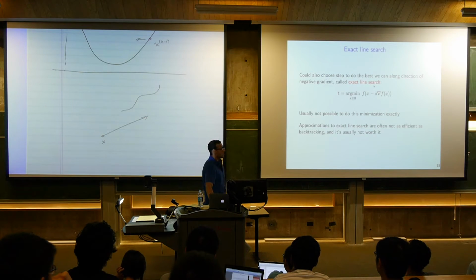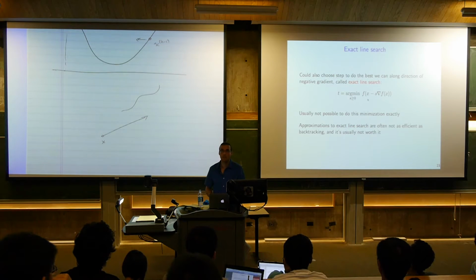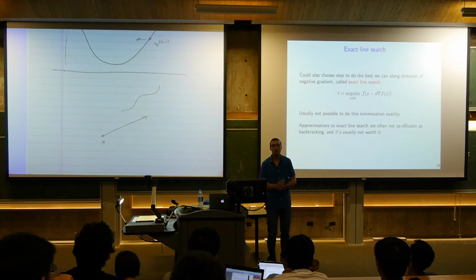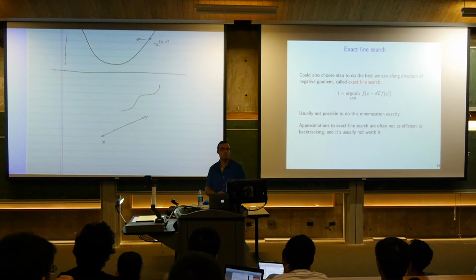The reason that I said this is not a good idea is that usually it's not possible to do this minimization exactly. Usually we just can't find such a value of s. In fact, the only times that we really can do this is if f is a quadratic, and it's only really helpful when f is a quadratic with weird curvature. Besides that, I don't think I've seen people using exact line search pretty much at all.